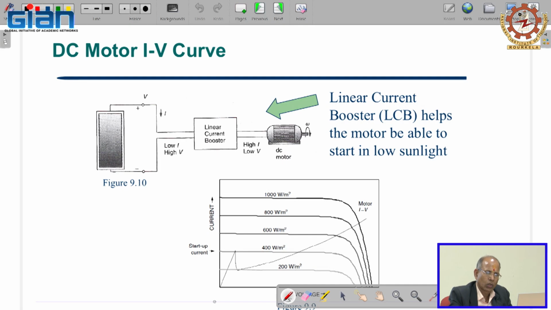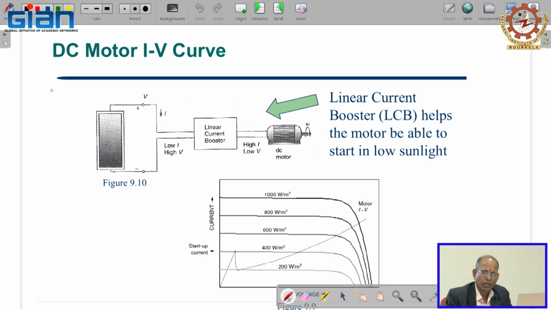This IV characteristic we superimposed on the photovoltaic IV characteristic. So for this motor to start, how much insolation level do we need?